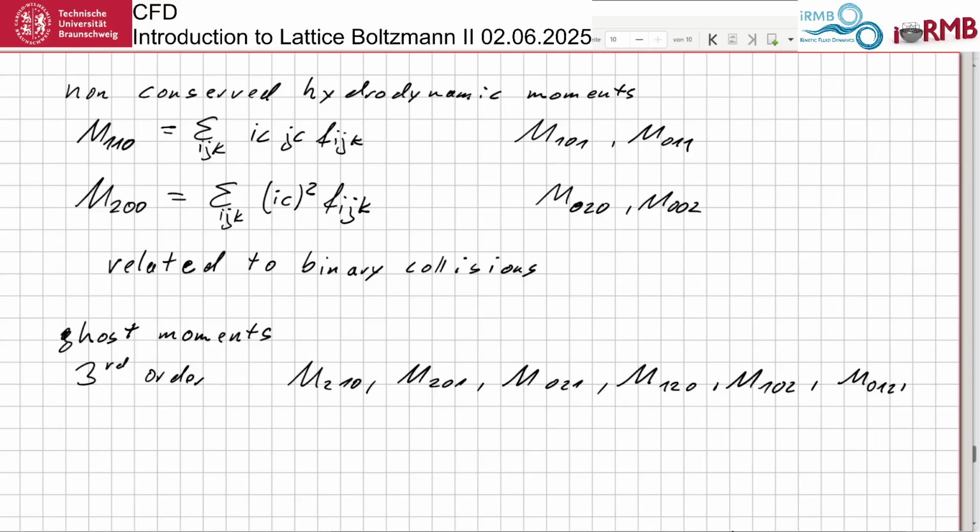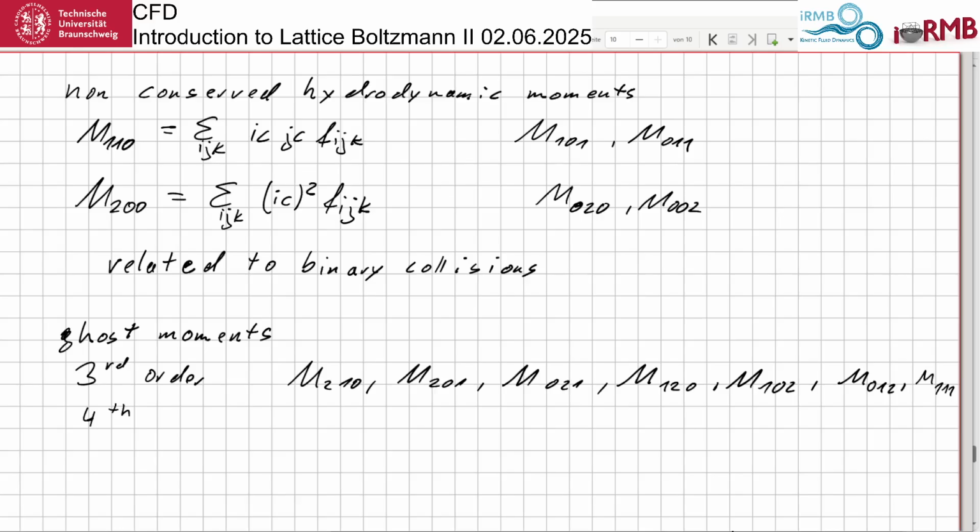Do we have another third order moment? We have another one, I've already written the comma: M111. So we have 1, 2, 3, 4, 5, 6, 7 third order moments.